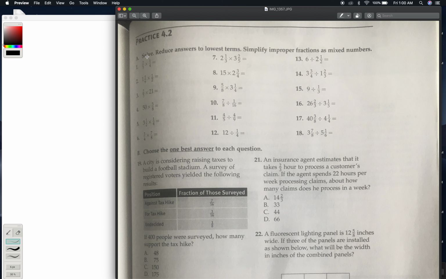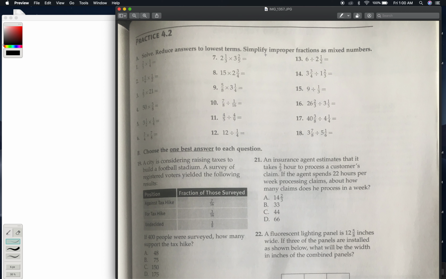Remember, last time I said make sure you read the instructions explicitly, because there are 3 things you need to do here. First is solve, second is reduce answers to lowest terms, and third is simplify improper fractions as mixed numbers.